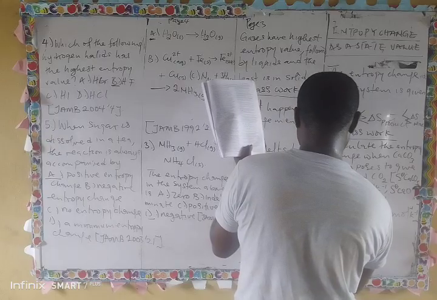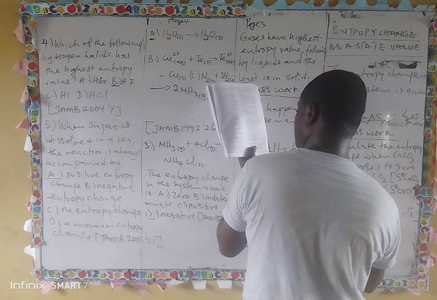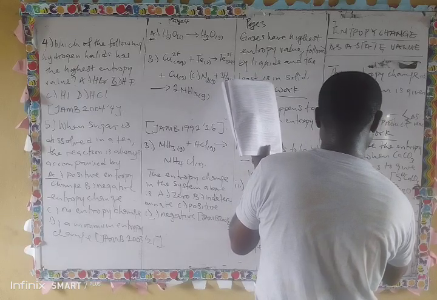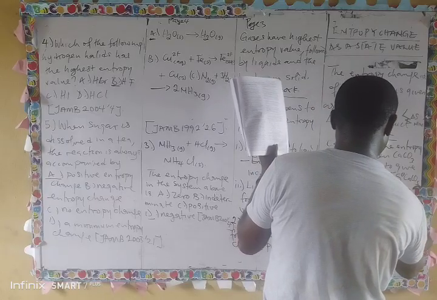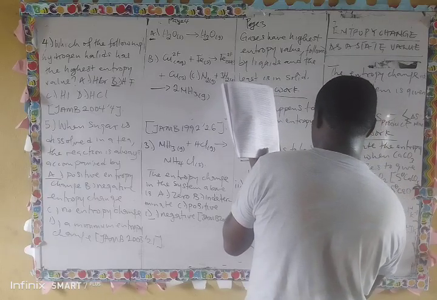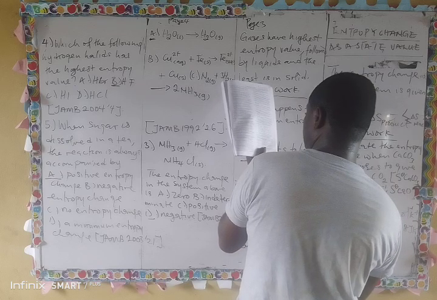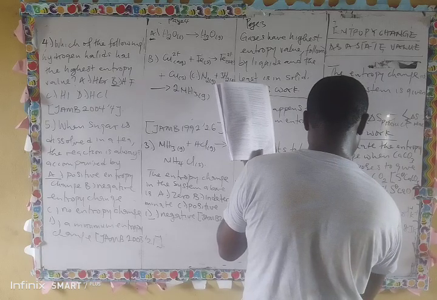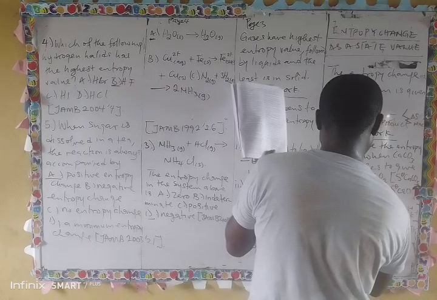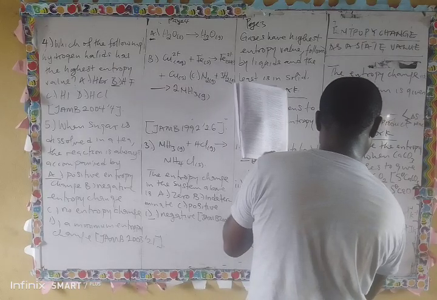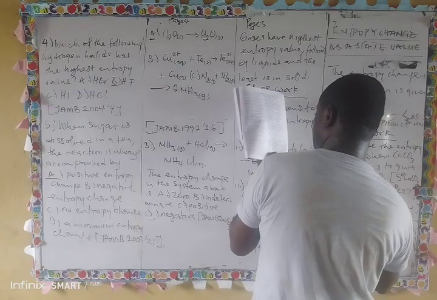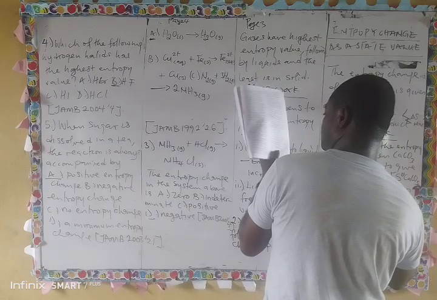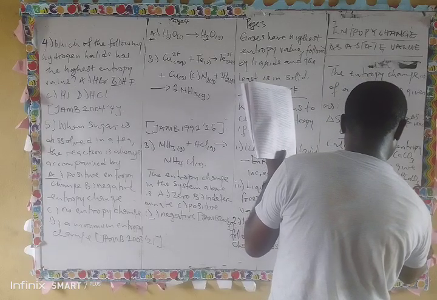The options are: A. 81.4 joule per Kelvin, B. 160.8 joule per Kelvin, C. minus 81.4 joule per Kelvin, and D. minus 160.8 joule per Kelvin.